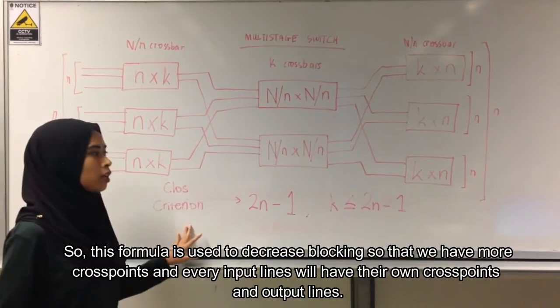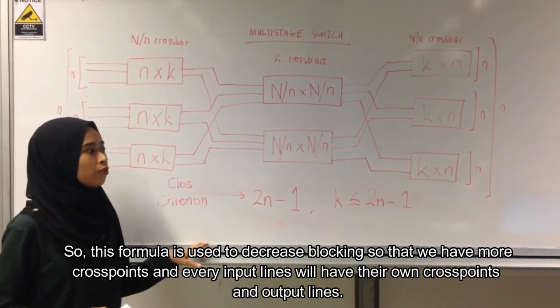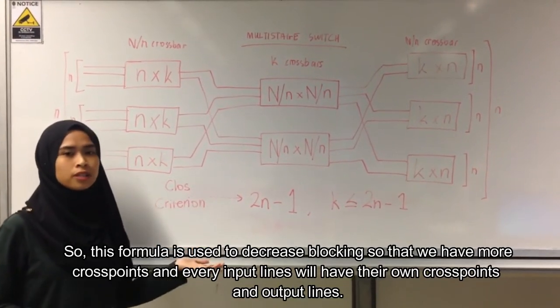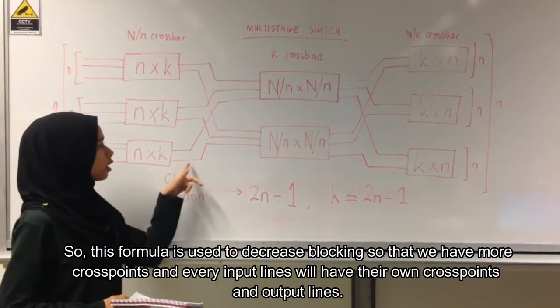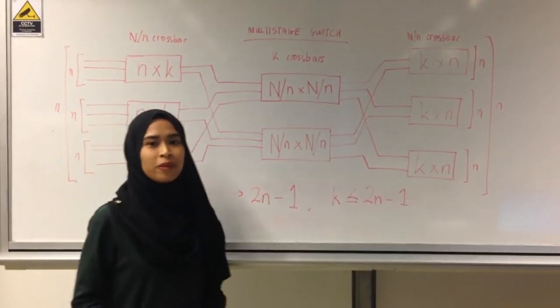So this formula is used to decrease blocking, so that we have more cross points, and every input line will have its own cross point and output line. That's all from me. Thank you.